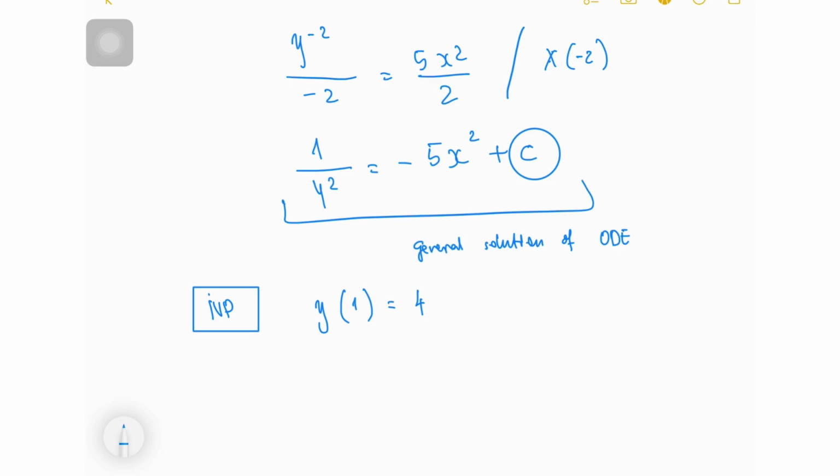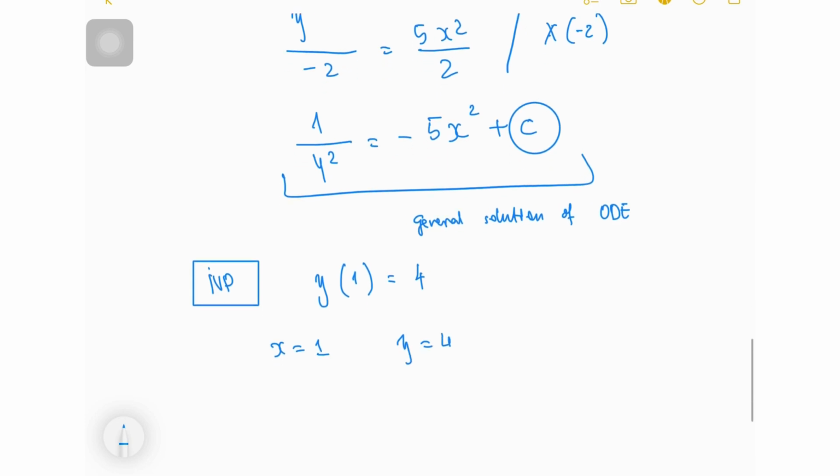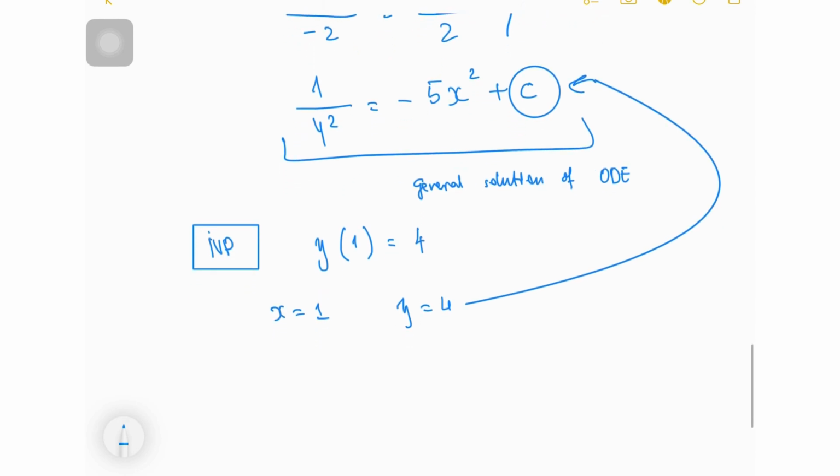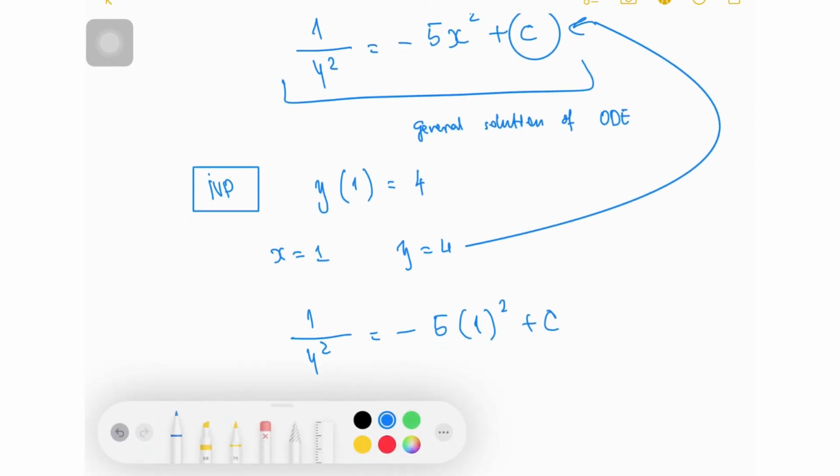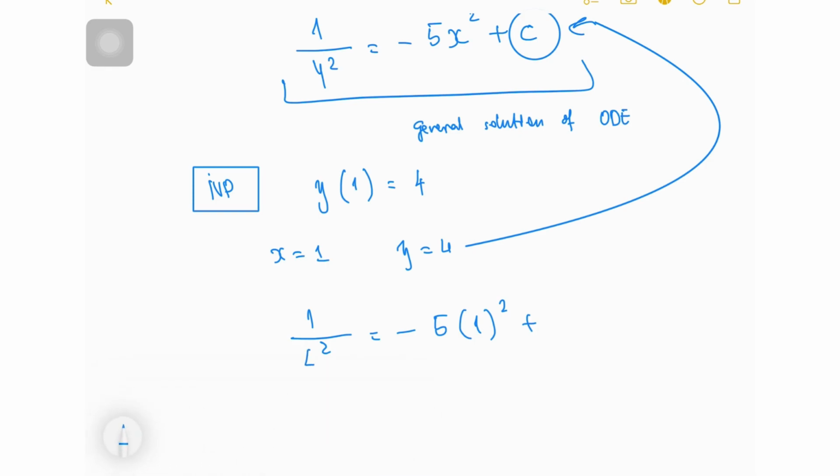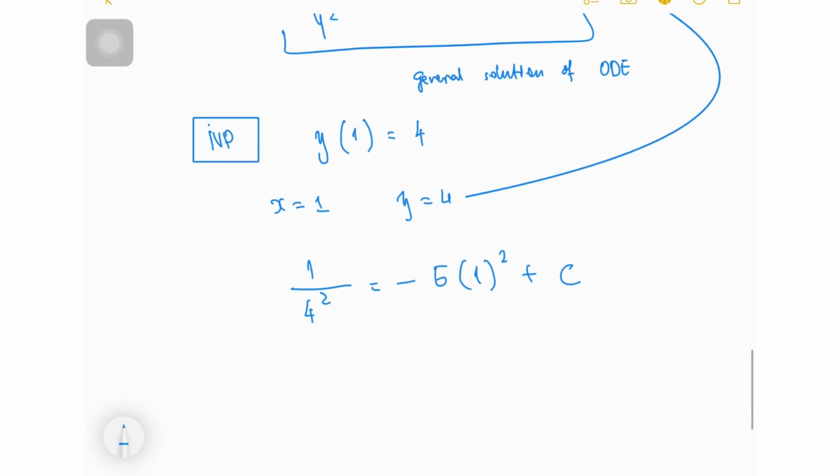Well, if y of 1 equals 4, that means that when x equals 1, y equals 4. So we can substitute that here, and we will have 1 over 4 squared equals minus 5 times 1 squared plus c.